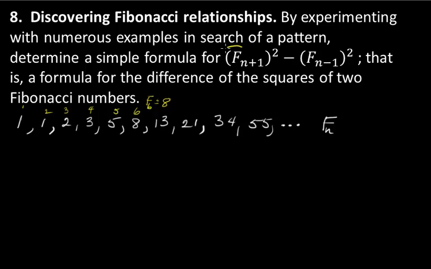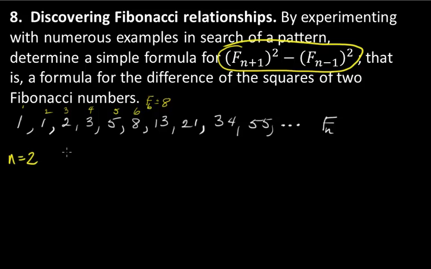We want to plug in some values of n here and see what we can see. So let's let n be 2. It's kind of good to start with n equals 2 because we have n minus 1 here, and if we started with n equals 1, you'd have f sub 0. Well, there wasn't a 0th Fibonacci, so let's start with a bigger number.